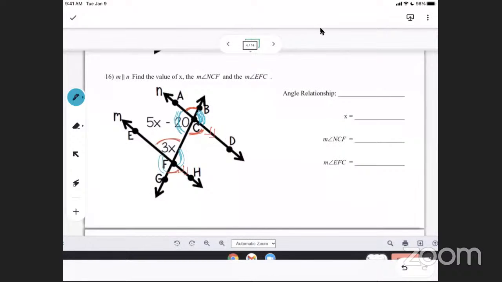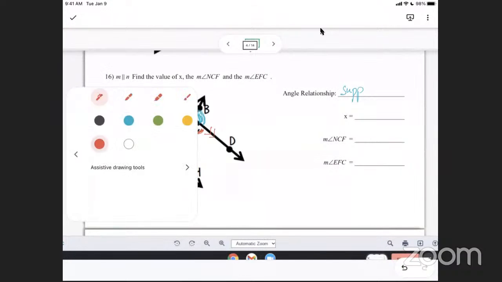Notice that the two things they gave us are 5x minus 20 and 3x. What's the relationship between them? Are they congruent or supplementary? Nope, they're supplementary because this one is blue and this other one is red.